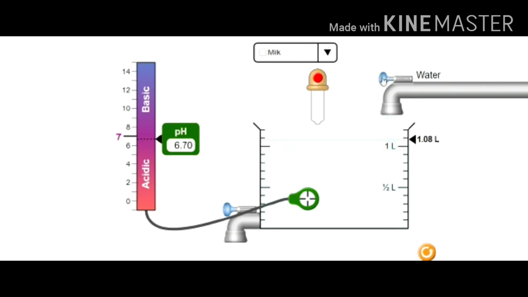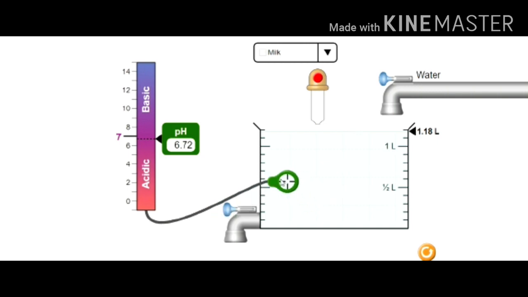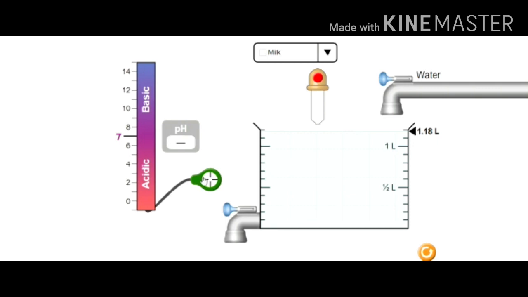That means there is a decrease in the hydronium ions and an increase in the hydroxide ions. As we go on diluting the milk, the pH value of milk is going to increase. That means it becomes more and more alkaline or basic.